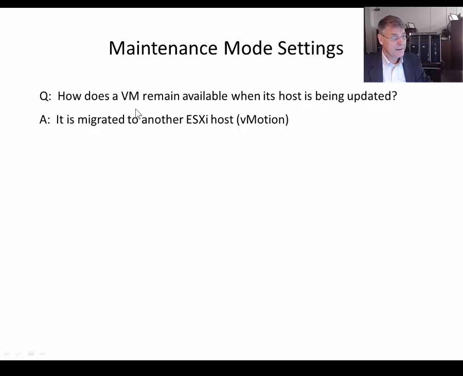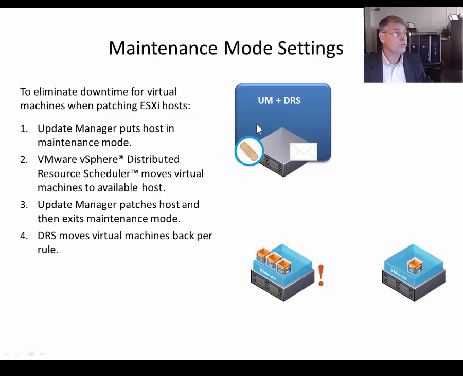So the question is, what can you do to make a VM available when the host that it is running on is being updated? And the answer is, migrate that virtual machine to another ESXi host using vMotion. And vMotion means you're moving a running virtual machine to another ESXi host.